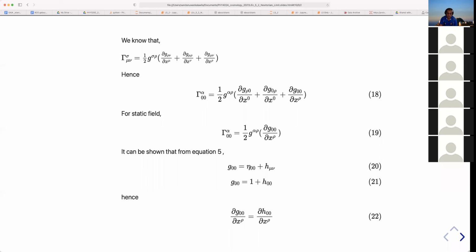When you differentiate with respect to anything, the eta 00 term is a constant, so the derivative of that will be 0. So the derivative of g00 over x rho will be equal to the derivative of h00 over x rho. Right? So I guess this is clear for you now.